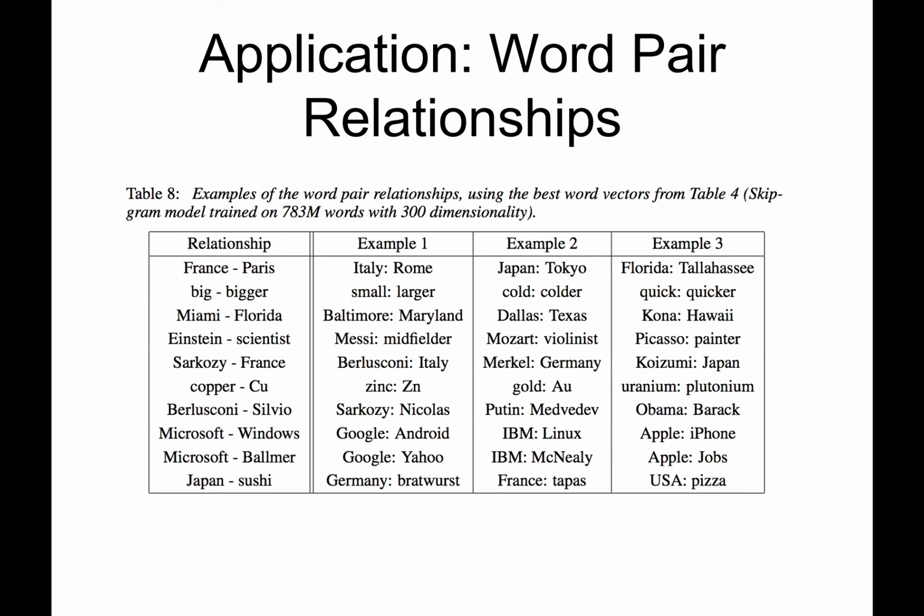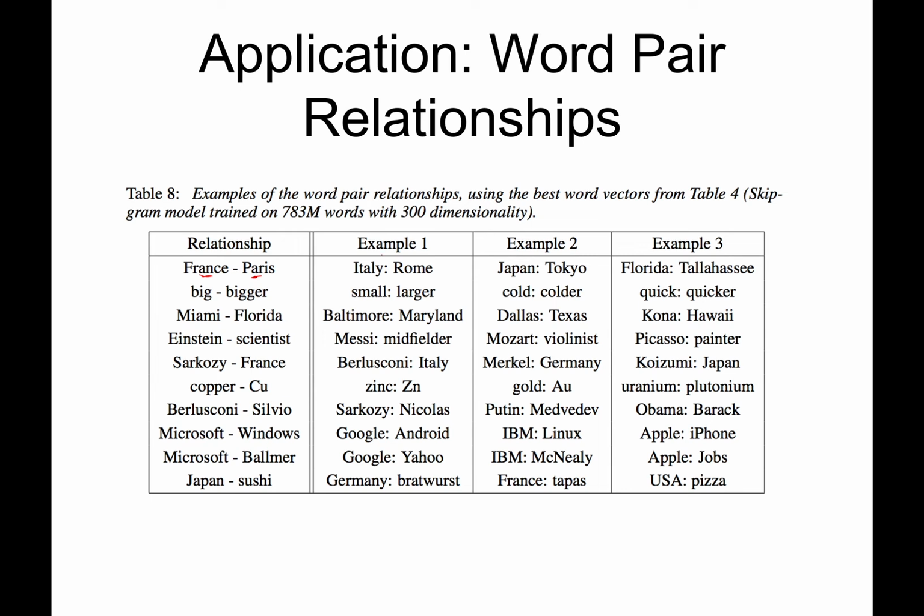You can do, for example, relationships like France, Paris, Italy, Rome, etc. How do you do this? You basically say, I have the word France and I have the word Paris. These are words that you suggest because you have knowledge and you know that this one is the capital of the other one.